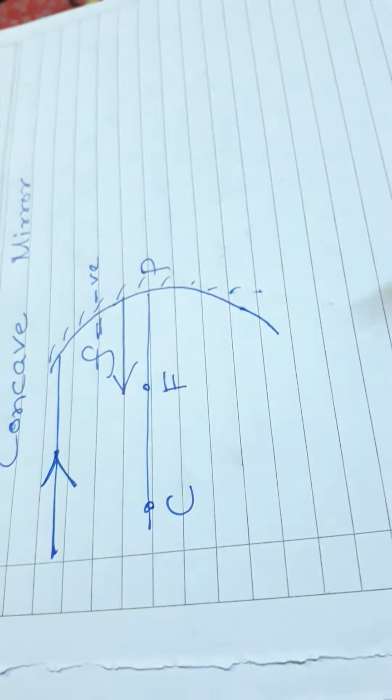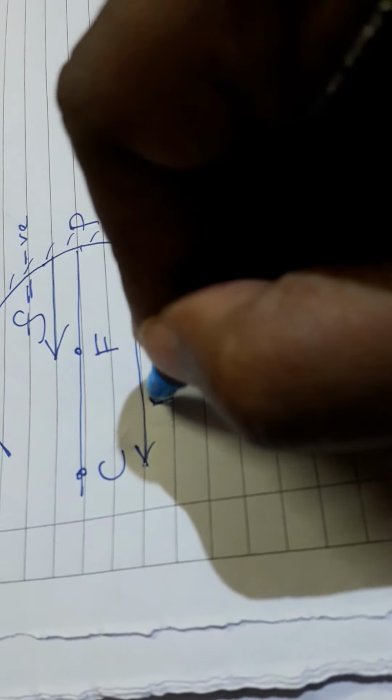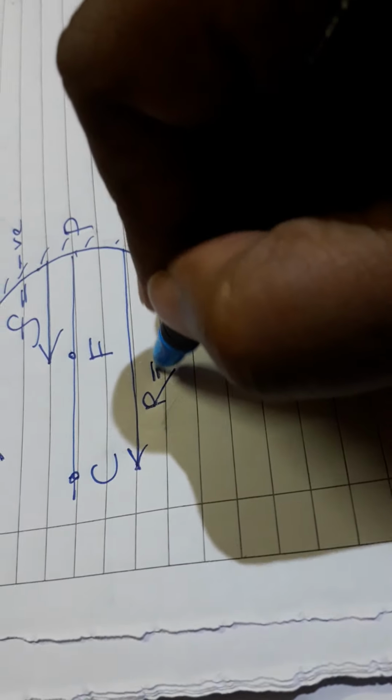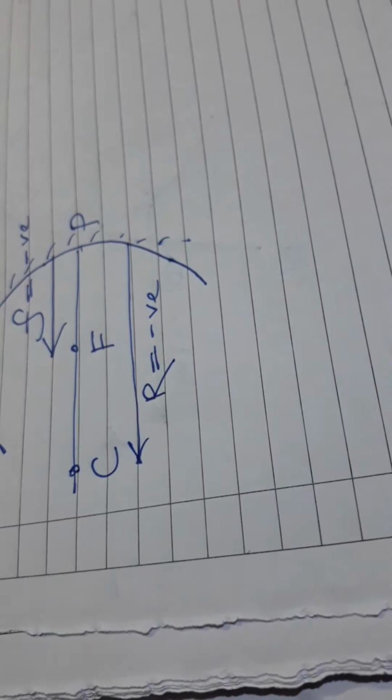Is the focal length plus or minus? The focal length will be minus, because the light will come along this. This is the incident ray. And this distance from the pole to the center is called the radius of curvature. Plus or minus? This is also minus.